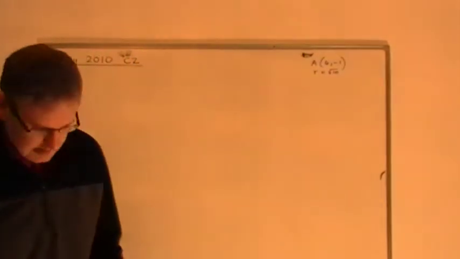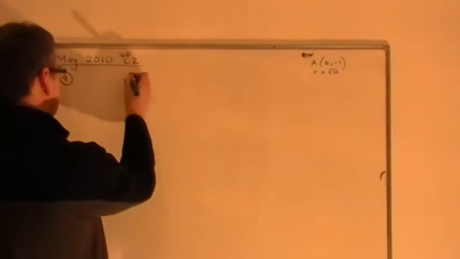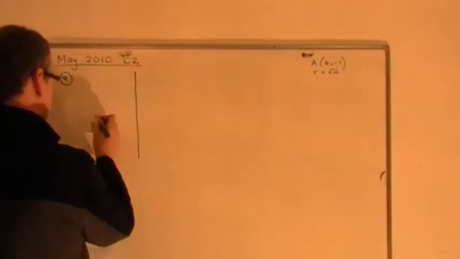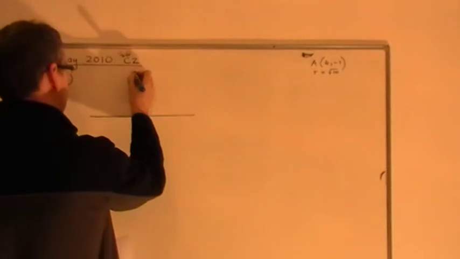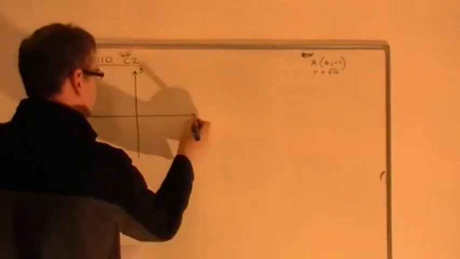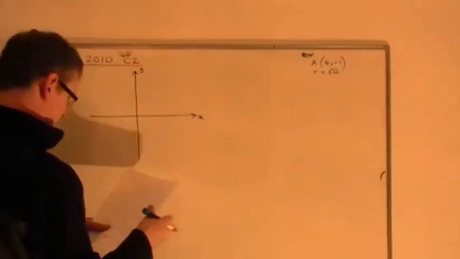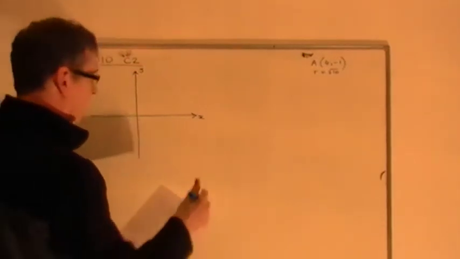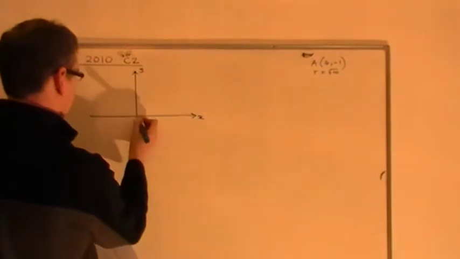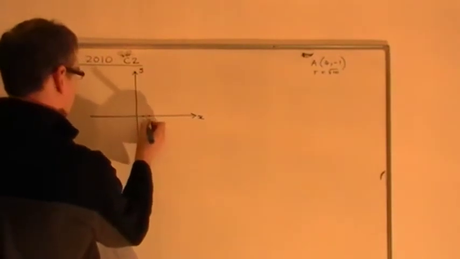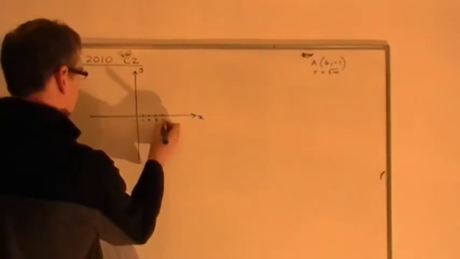So if I do a quick sketch of the situation, it doesn't have to be a really accurate picture, as long as it gives a reasonable representation of what's going on. I need to be able to plot (4, -1), so 1, 2, 3, 4.